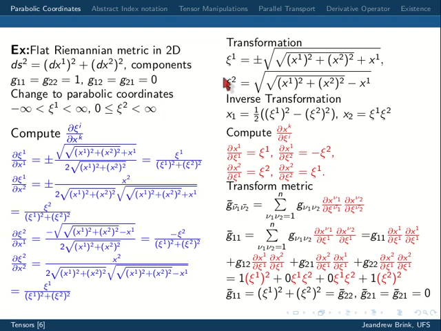I could have said xc1 is x1 times x2, and xc2 is x. Okay, you can do that transformation, an easy one. You can work it out, and what you will then get is that your off-diagonal elements are not 0. Okay, it's only in an orthogonal coordinate system that the off-diagonal elements remain 0.